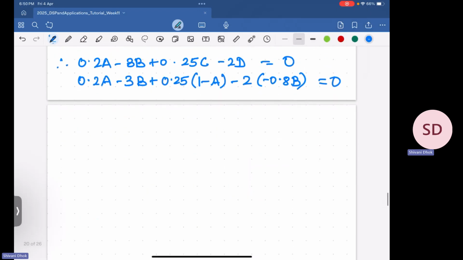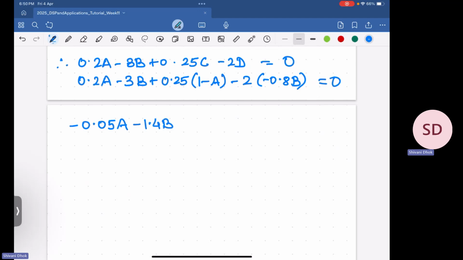So what do we get? If we look at these two things, 0.2a into minus 0.25a, we get minus 0.05a. Then we have minus 3b plus 1.6b, so that comes out to be equal to minus 1.4b.